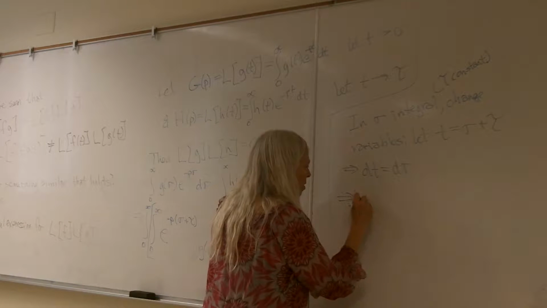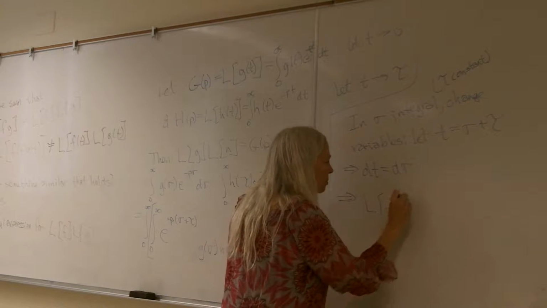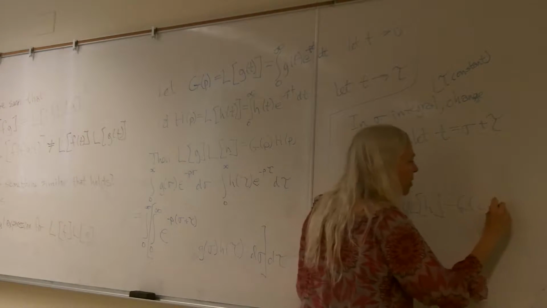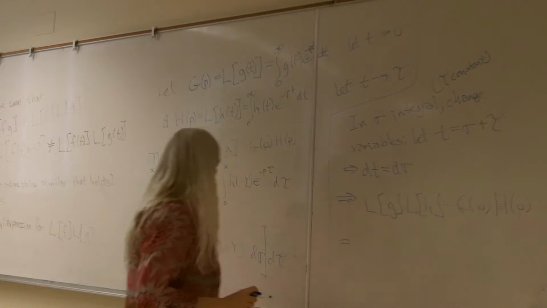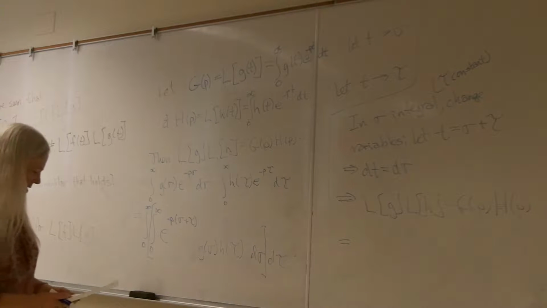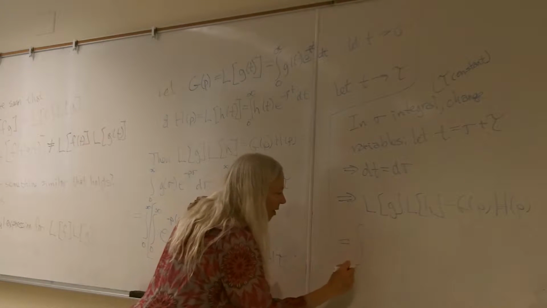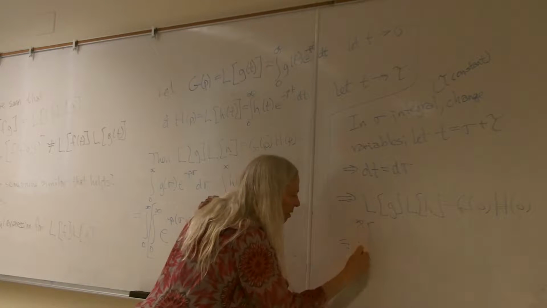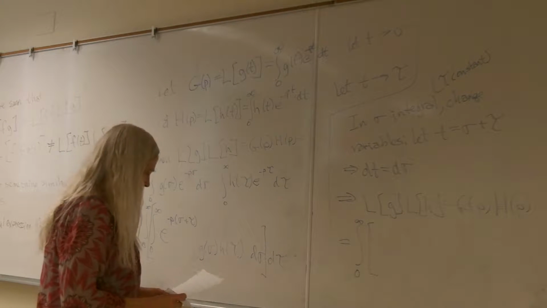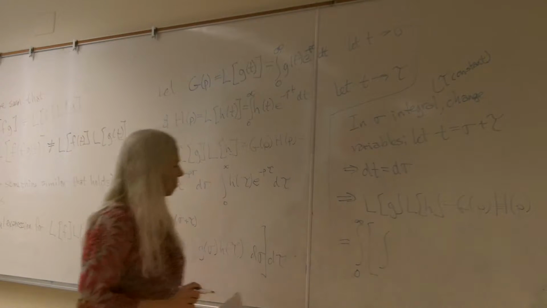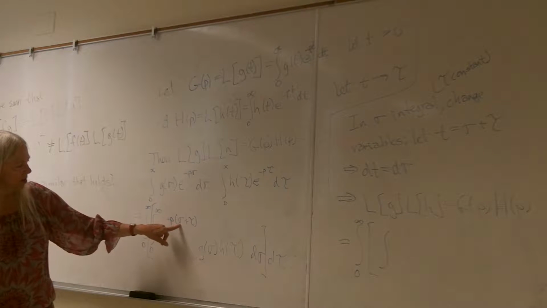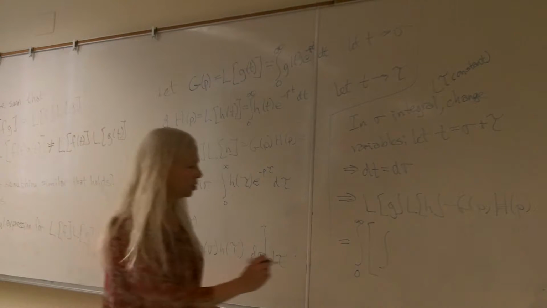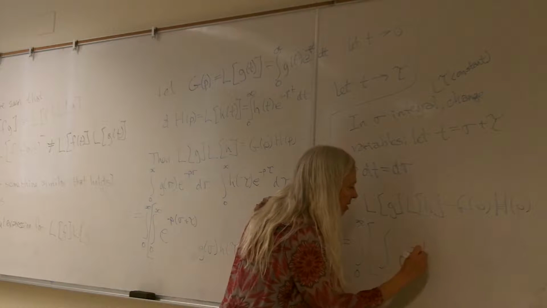So the Laplace transform of g times the Laplace transform of h, or in other words, capital G of p times capital H of p, is going to be equal to, okay, so we've got our outer integral from 0 to infinity, and then our inner integral, come back to the limits on that in a moment, but t is defined as sigma plus tau, and that's what's in the exponent here, so the exponential becomes an e to the minus pt.